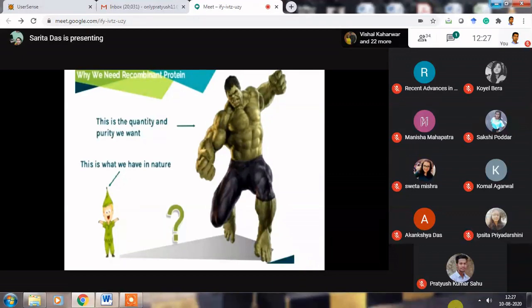Because what we have in nature is very small, very scanty. But to meet the demand of an ever increasing population and diseases, we need a larger amount of recombinant protein, and that too in a pure form. So more and pure form we want.